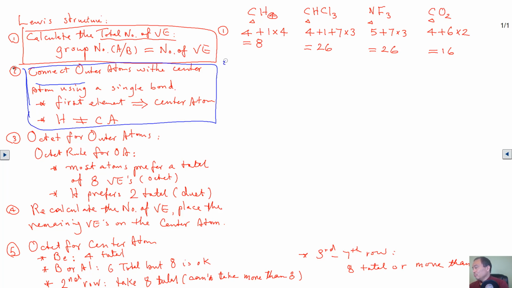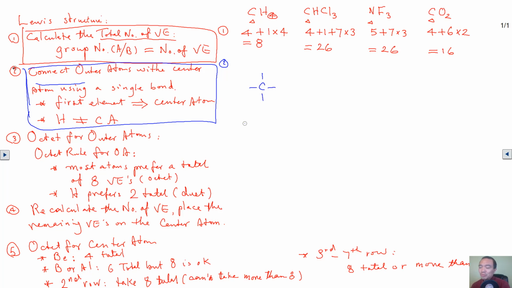As we just learned, the first is usually the center atom, unless it's hydrogen. So what do you mean center? Center, that means you put it right at the center. And it's connected with 4 hydrogens with a single bond for step 2. So when you write it, you want to make sure this will look a little bit more beautiful.